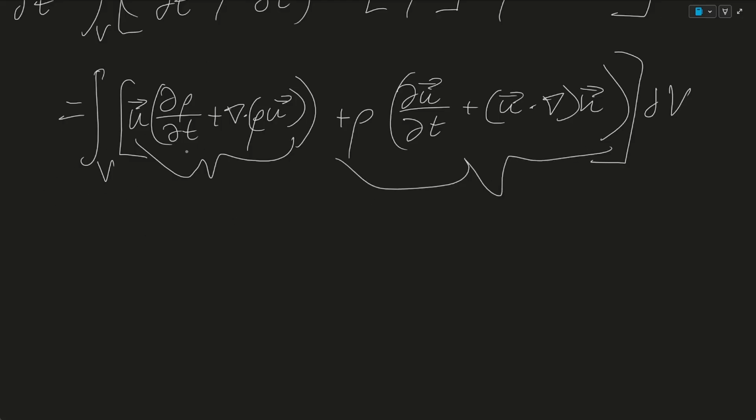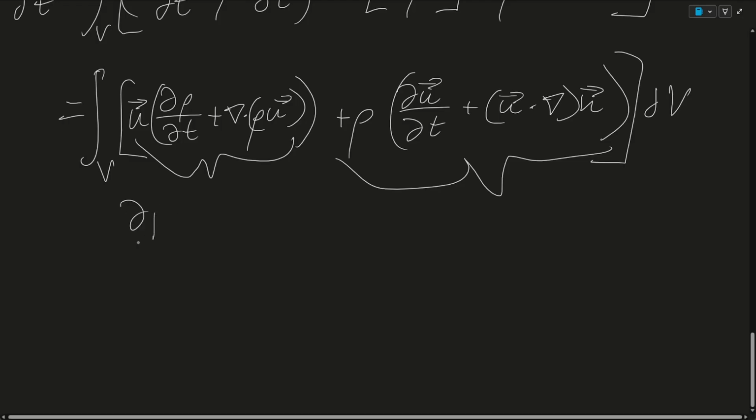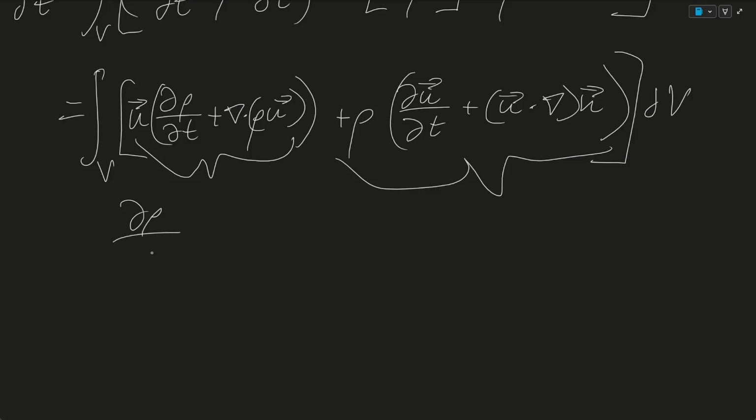So this is the continuity equation, which is kind of just conservation of mass. And what this says, if you look at the inside, is that partial rho partial t plus the divergence of rho times the velocity is equal to 0. So that whole term goes to 0, which is quite beautiful.